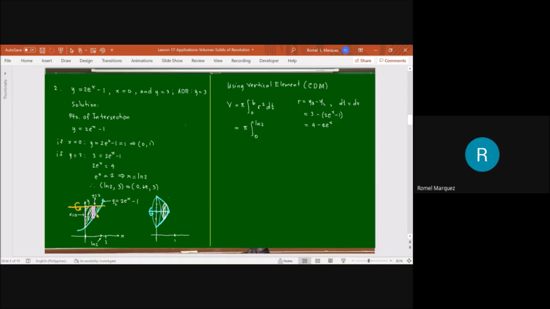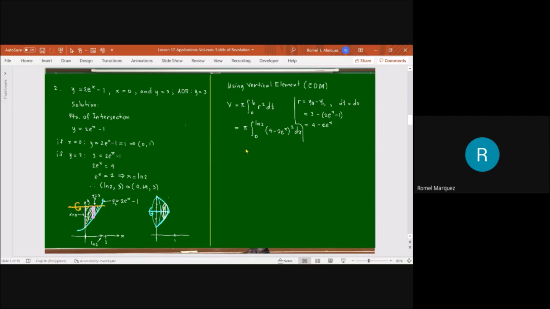Because this is vertical, running from the leftmost x value to the rightmost x value of the region that is to be revolved about the line y equals what? This line, y equals 3, no? So again, the limits we get from the original area to be revolved. So our radius is 4 minus 2 e to the x, quantity squared dx. Okay?